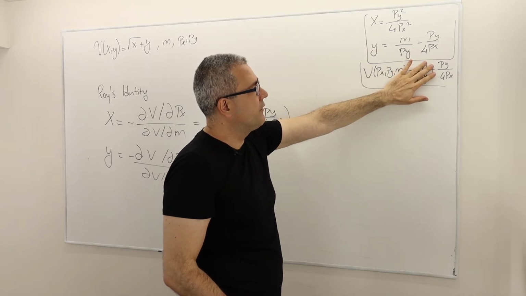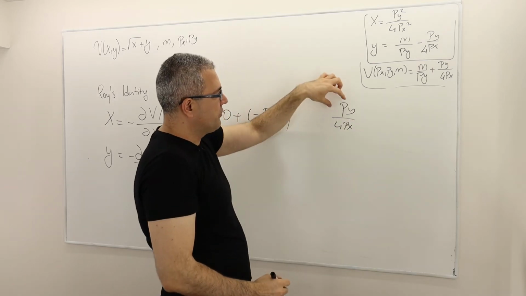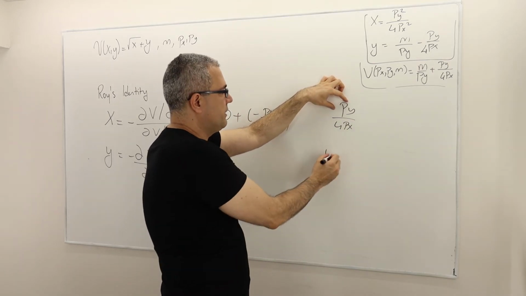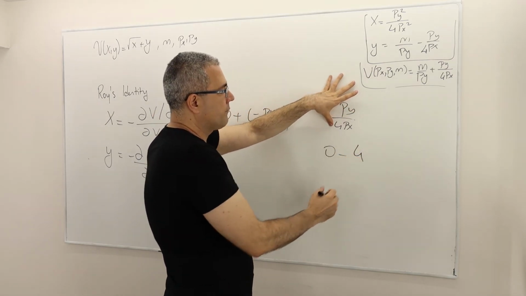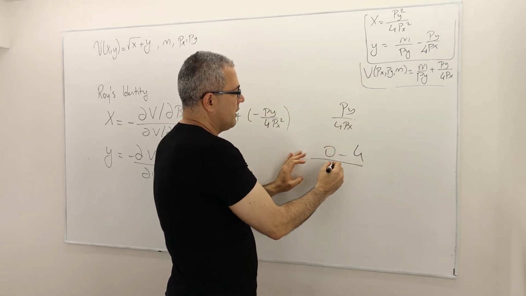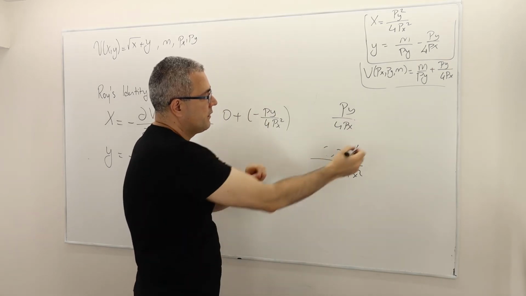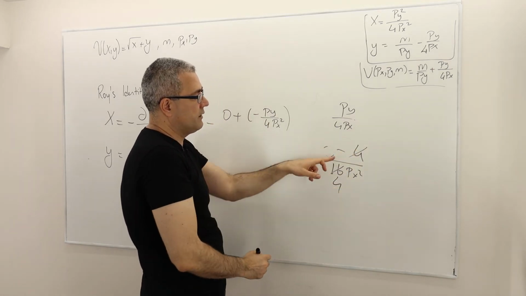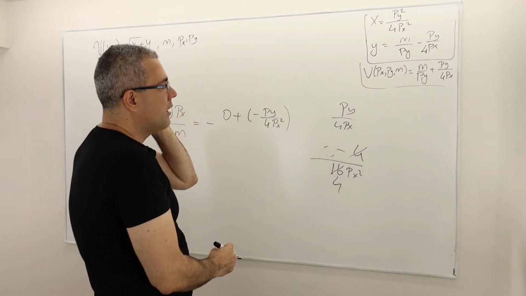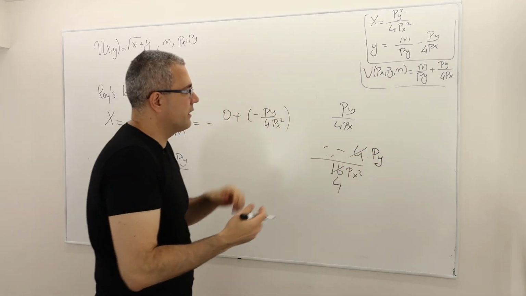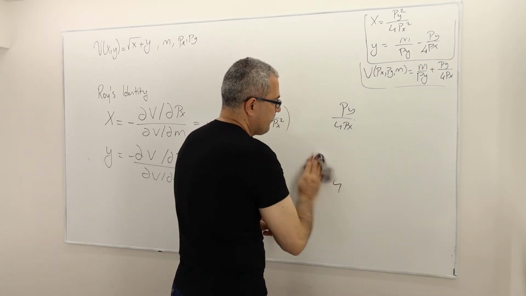So when we take the derivative of Py divided by 4Px with respect to Px, the derivative of the first part is 0, minus the derivative of the second part, 4, divided by the square of this guy, 16Px squared. So therefore, oops, don't forget the minus. This 4 and this 16 will cancel out. So this is going to be minus 1 times the Py, I forgot that one. So it's minus Py divided by 4Px squared. So apparently that was correct.